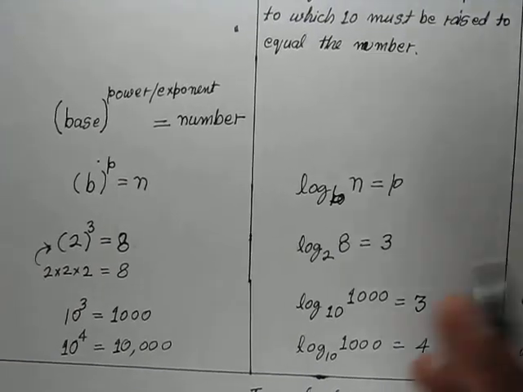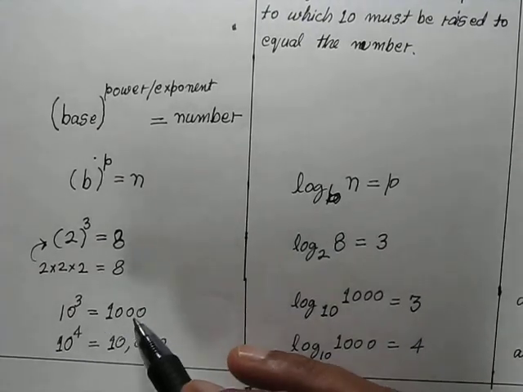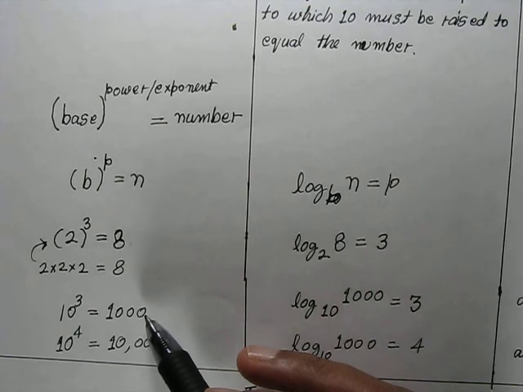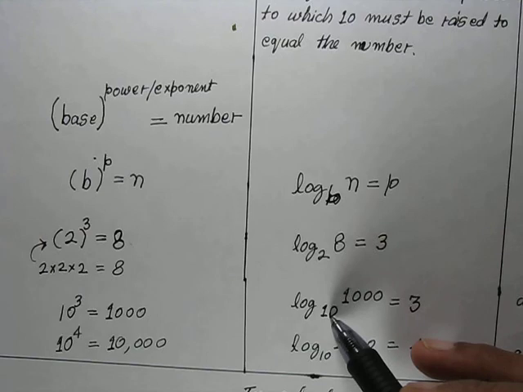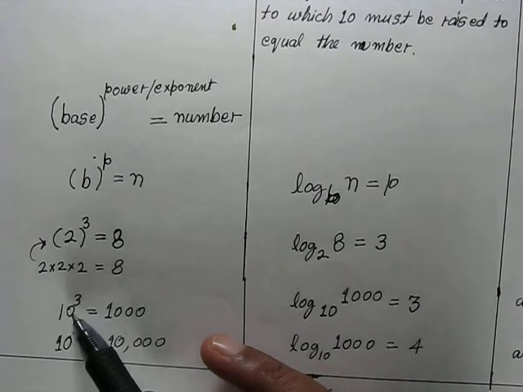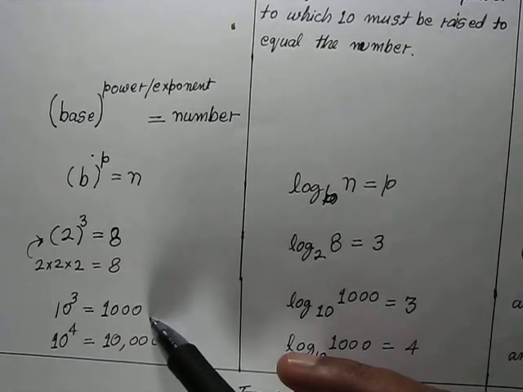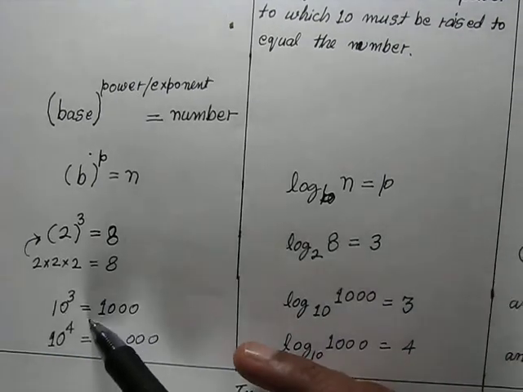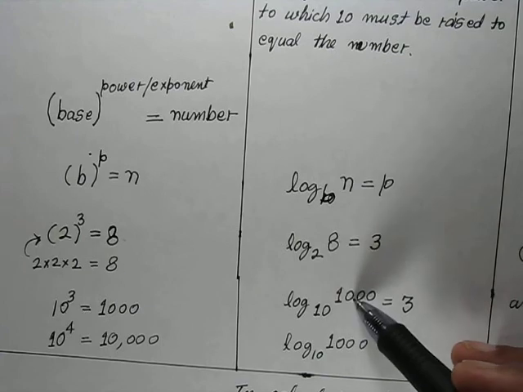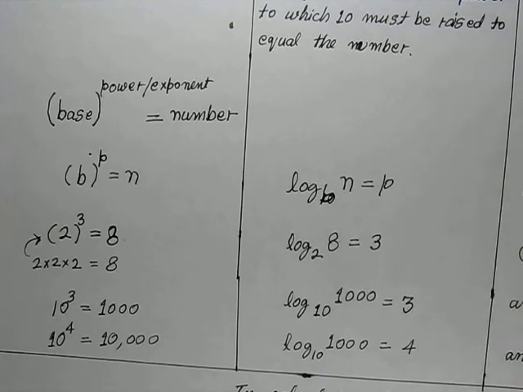Another example: 10 raised to the power 3 is equal to 1000. We write this in log form as log base 10 of the number 1000 equals the power 3.